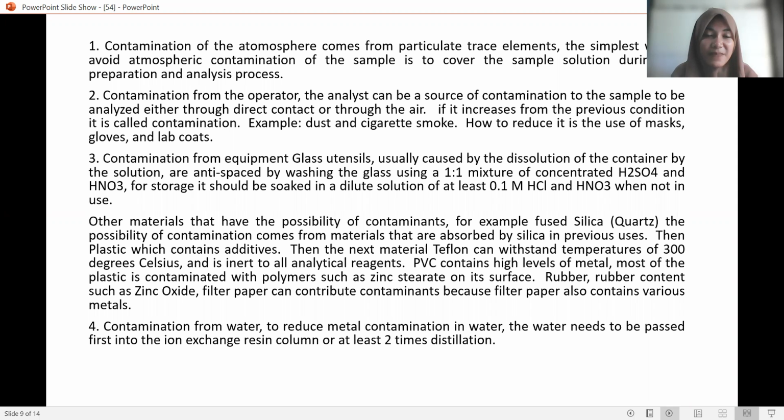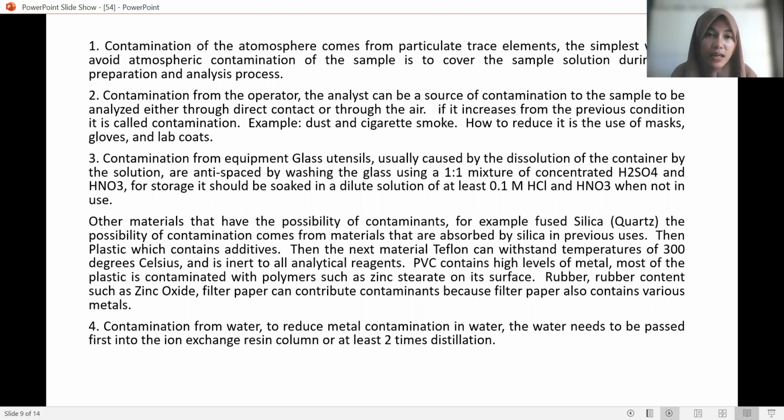Solely caused by the dissolution of the container by the solution. To avoid this, wash the glass using a 1-to-1 mixture of concentrated sulfuric acid and nitric acid.